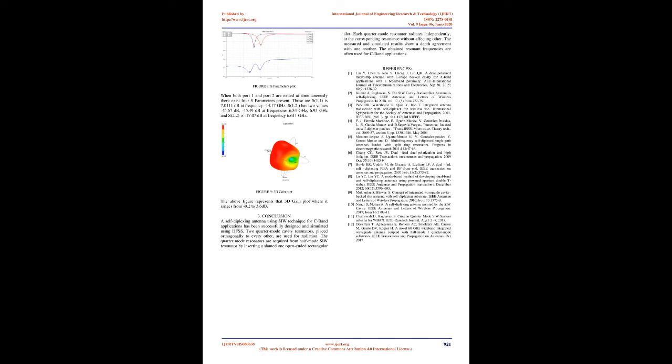Figure 9, 3D gain plot. The figure represents the 3D gain plot, which ranges from -9.2 to 3.6 dB.